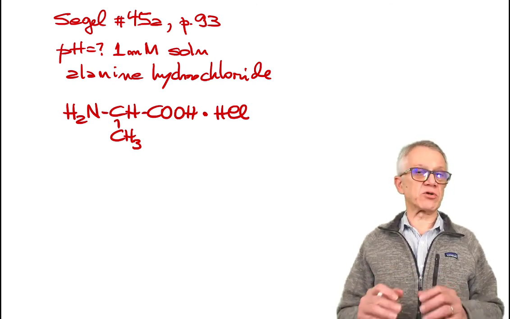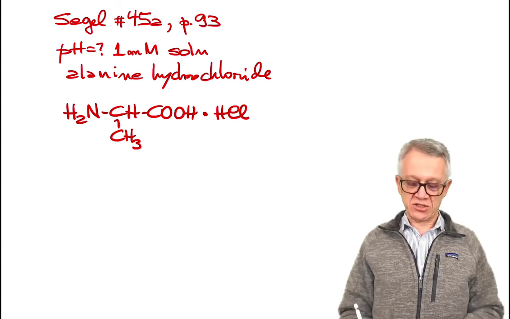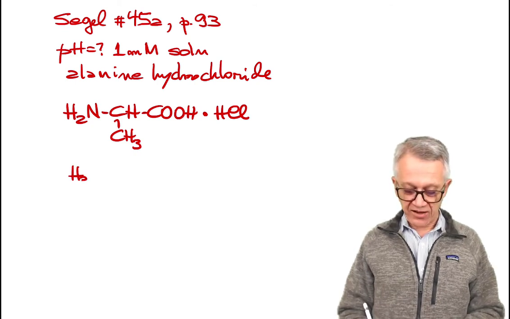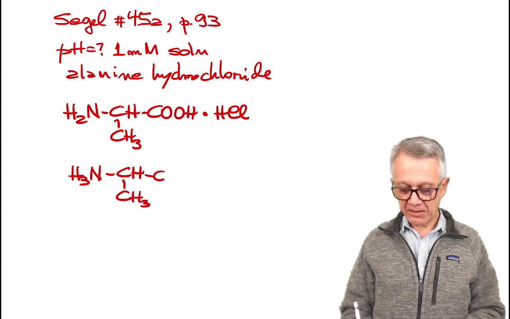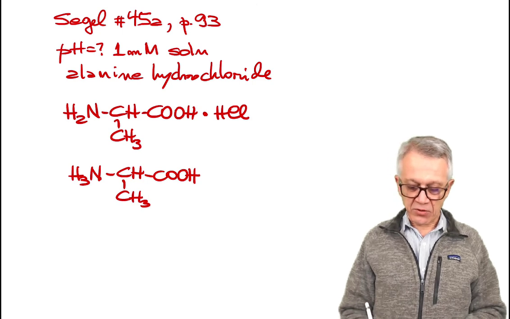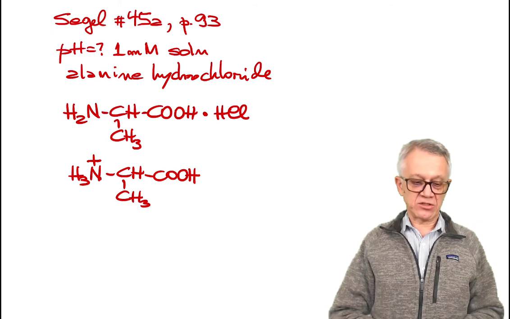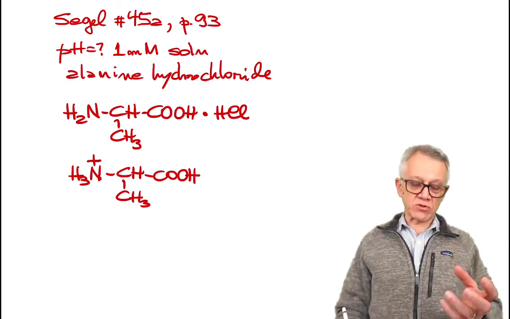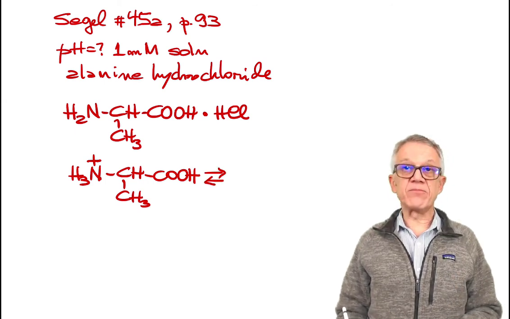That means it's protonated. So what we need to know is what version of this alanine we are dealing with. What we have in reality is the protonated form of alanine, which is Ala plus. When you put this in water, it's going to deprotonate.